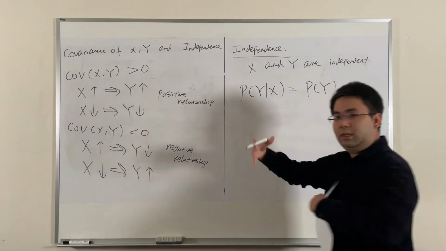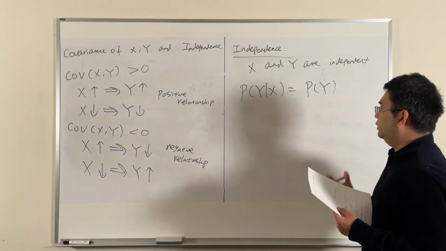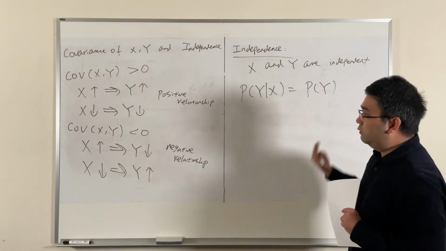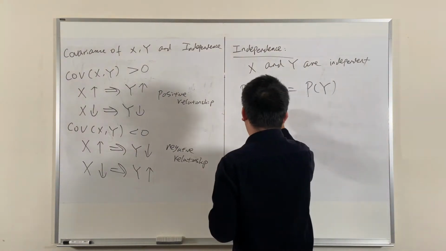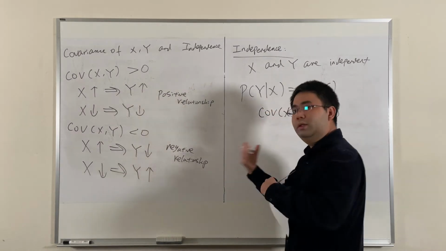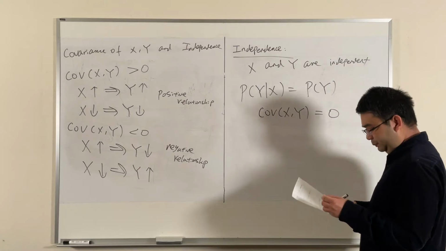Which means that X tells you no information about Y. So that's why they're equal. And in terms of covariance, the covariance of X and Y equals 0, right? They're not related. They're independent of each other.